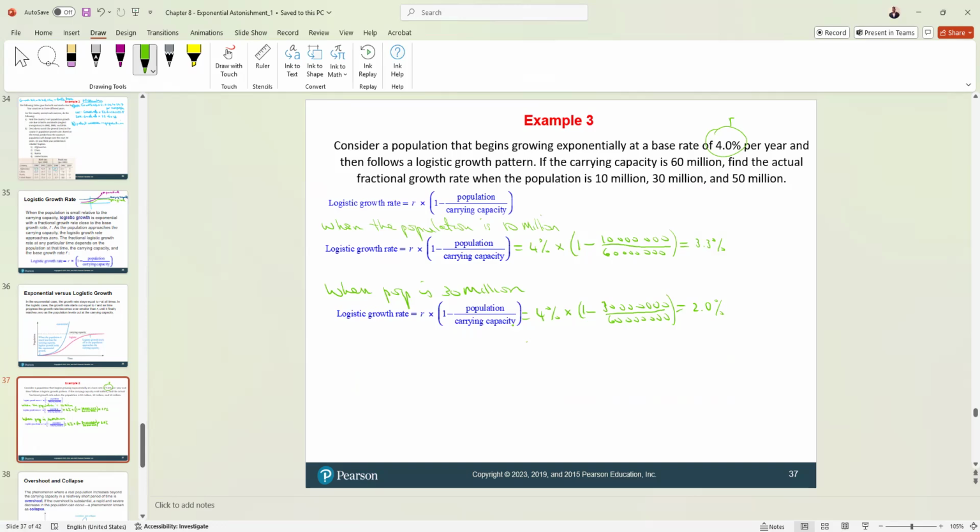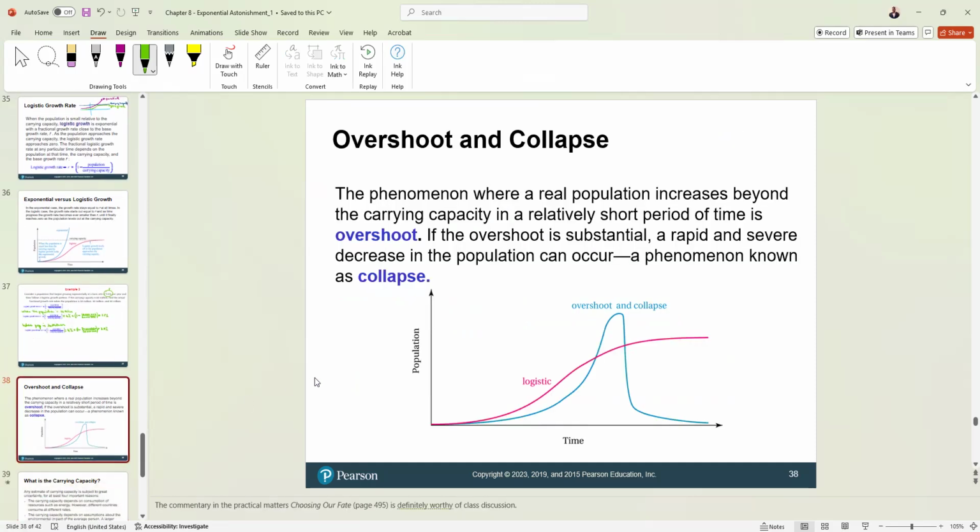Remember, I do something, you do something else, because as we said, in this case, there are two important models for population approaching the carrying capacity. One is the logistic growth that has a gradual leveling off, and second, a rapid increase followed by rapid decrease, also known as overshoot and collapse. So the overshoot and collapse is very important.